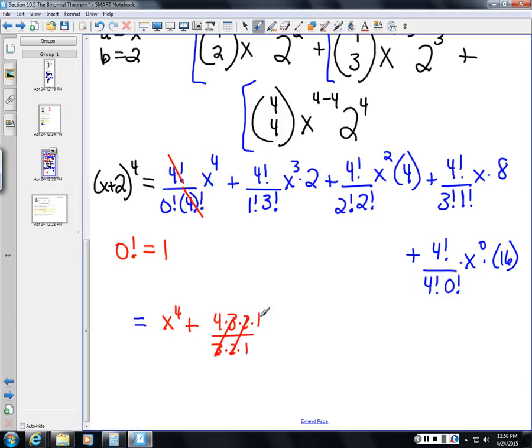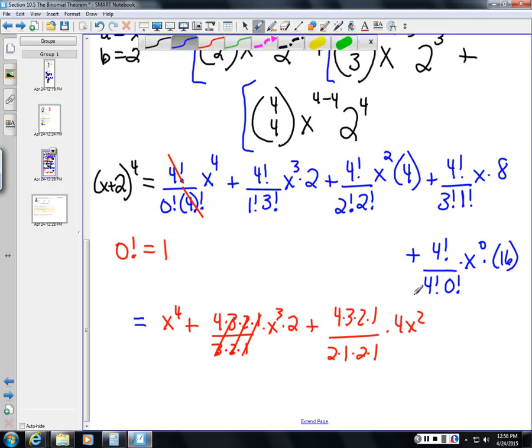The 3s, the 2s, the 1s cancel, and I'm still left with x cubed times 2 there. Plus, now 4 factorial again over 2 times 1 factorial times 2 times 1, times 4x squared. What happens here is the 2s cancel, and we'll be able to finish that one out.